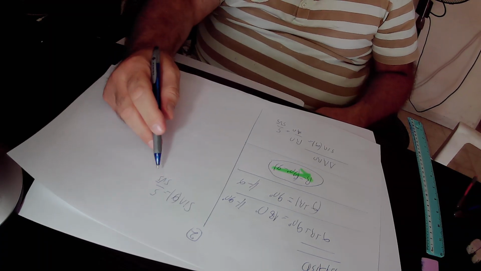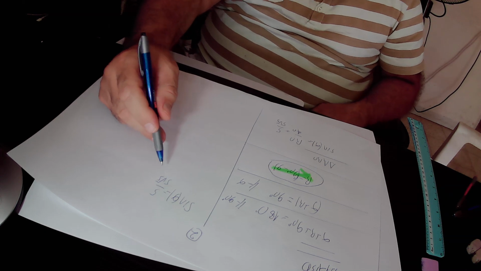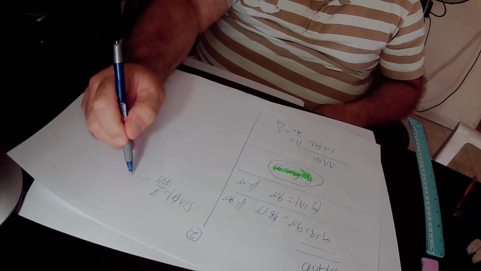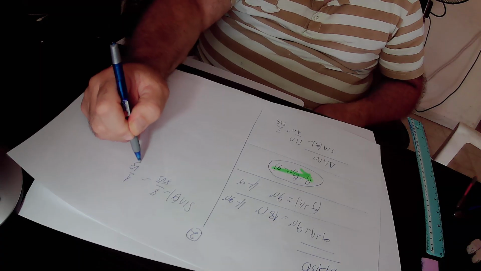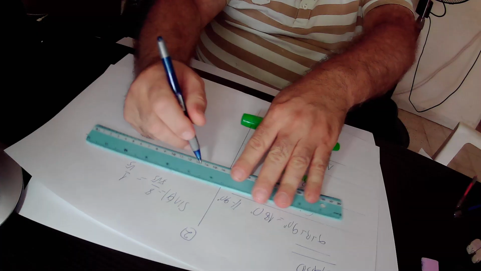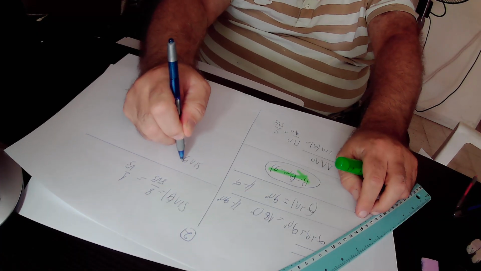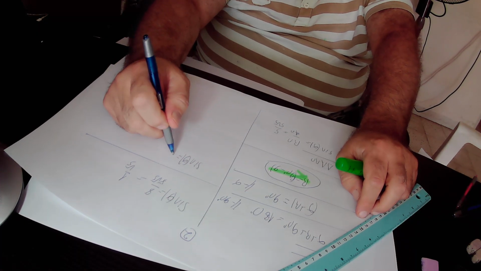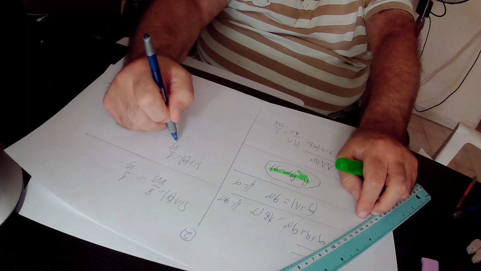Here we have 5 in the numerator and 5 in the denominator, so the 5 gets cancelled, and we are left only with 1 over square root of 5. So sine alpha equals 1 over square root of 5.